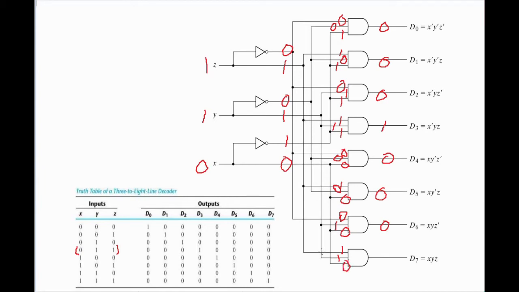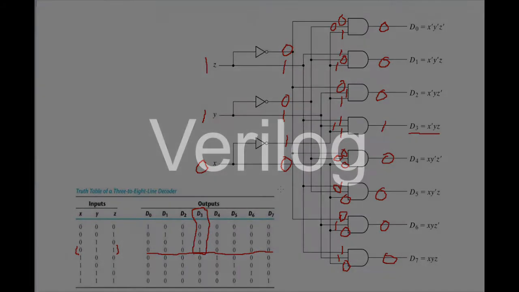Actually, because this is a 3 to 8 line decoder, you should only get one true. So here we get D3 is equal to true, and let's find out. It's the answer here. Oh, okay, yeah, it's correct. So that's it, guys. Thank you very much.